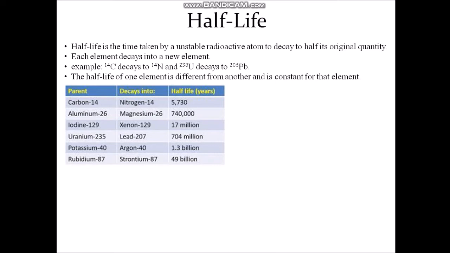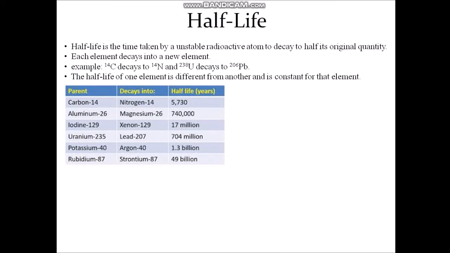So if you take 10 grams of carbon 14, that is an unstable isotope of carbon, this unstable isotope will decay into nitrogen. For 5 grams of it to decay, it will take 5,730 years.